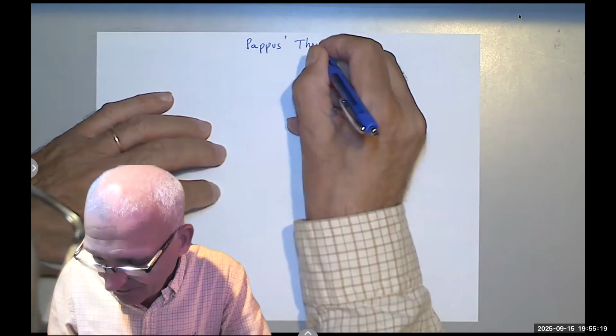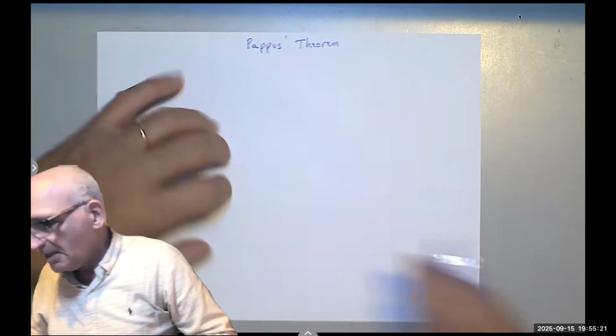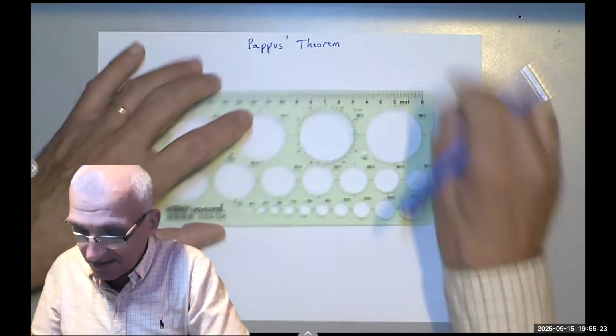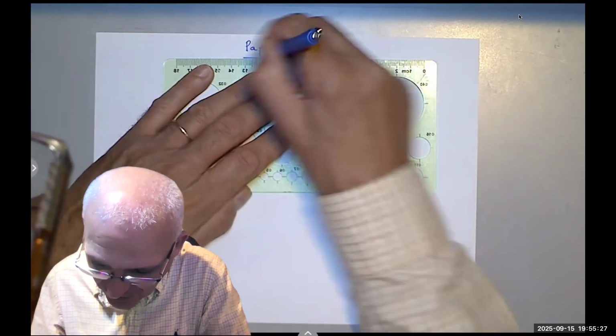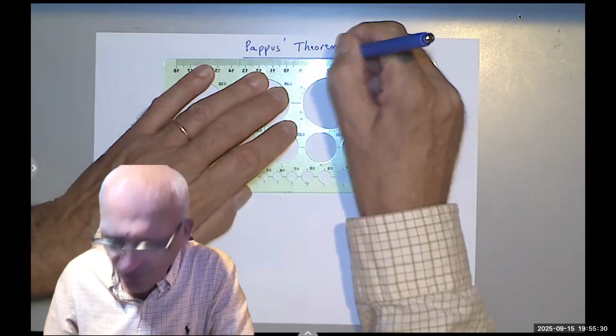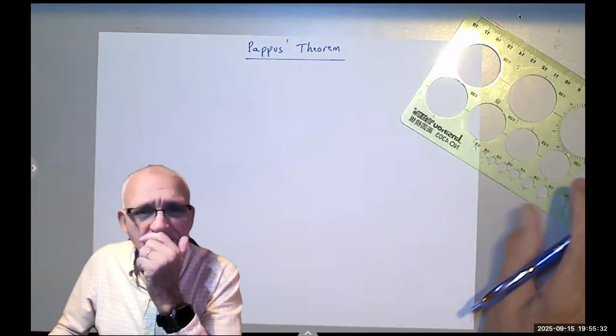Pappus theorem is a very powerful theorem that if you have 2 pieces of information out of 3, you can get the third using that theorem. But what are these 2 pieces of information?